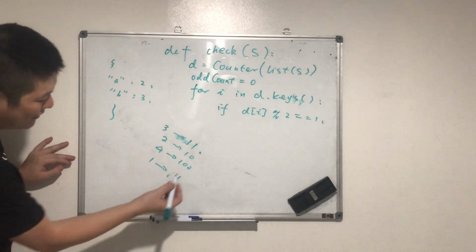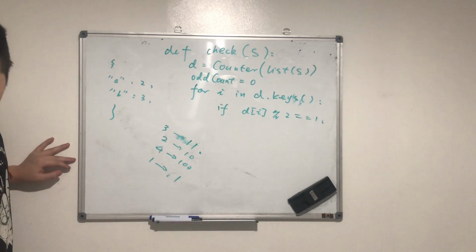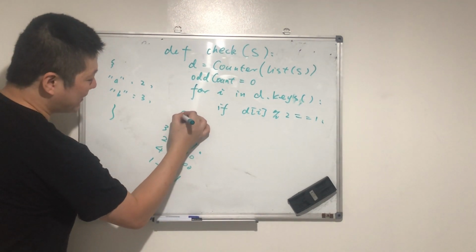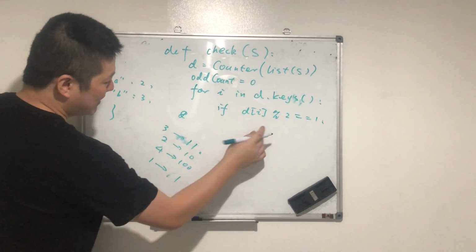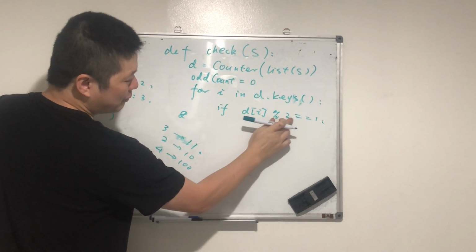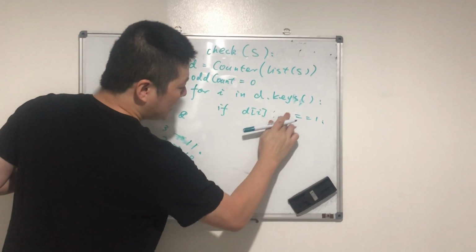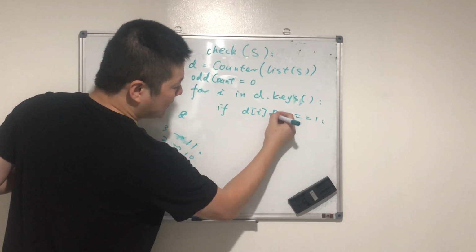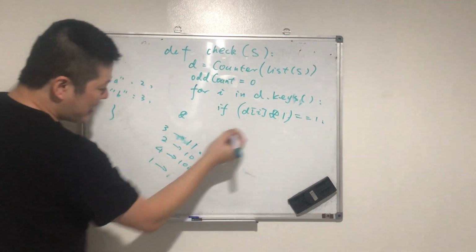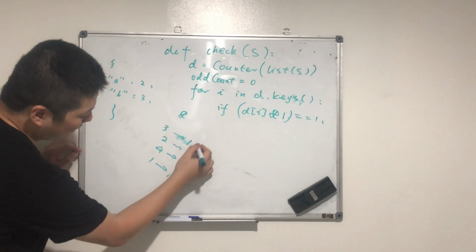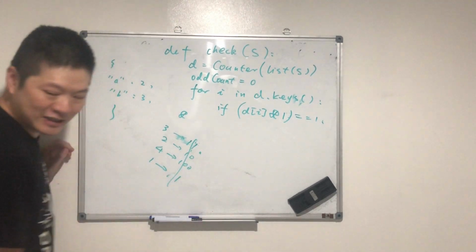If it's 0, it's an even number. So we can use the binary AND, the same as this. If d[i] modulo 2 equals 1, it's the same as d[i] AND 1, where 1 means I do the AND on the last bit. If it's 1, then it's an odd number.